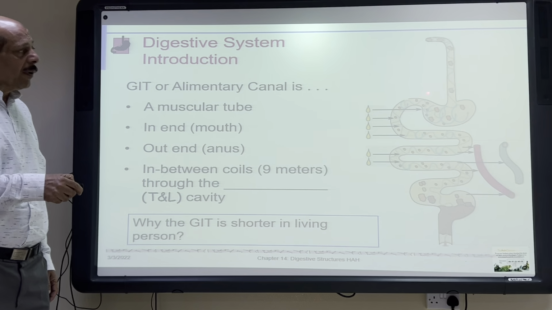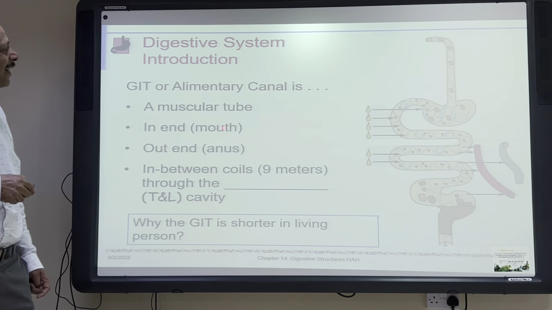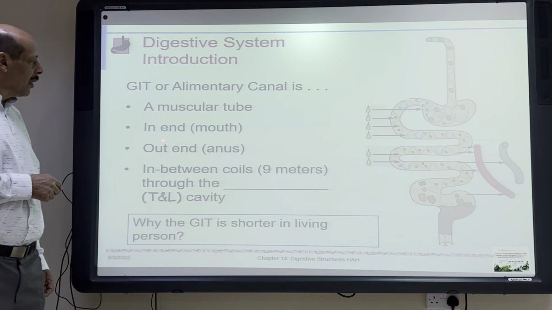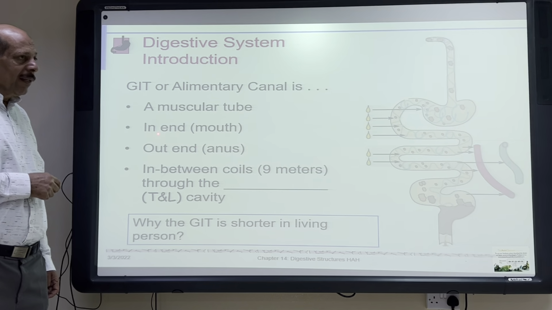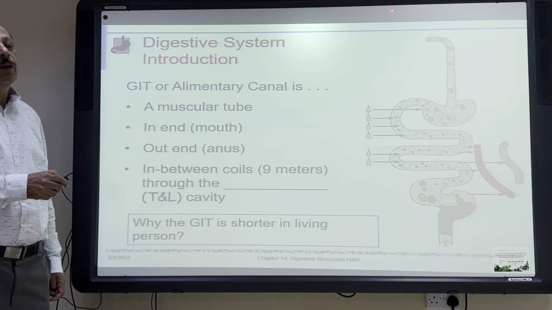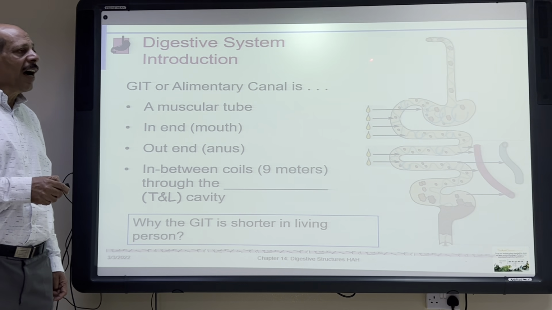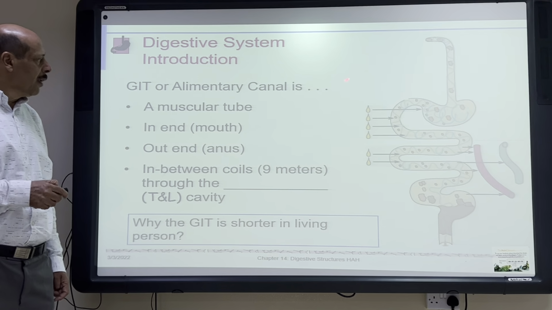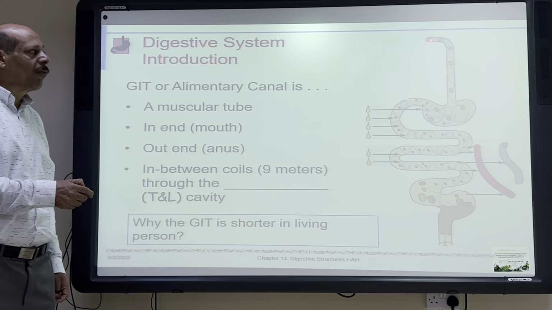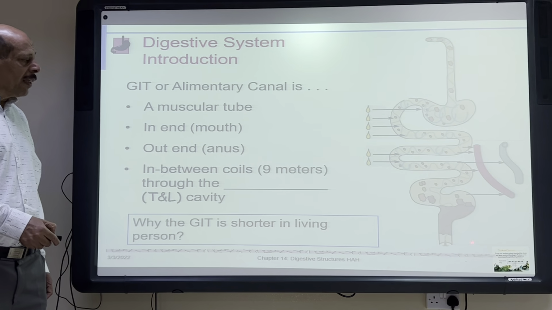It is a long tube in our body that starts from the mouth and ends with the anus. So the inlet of the canal starts from the mouth and ends with the rectum.